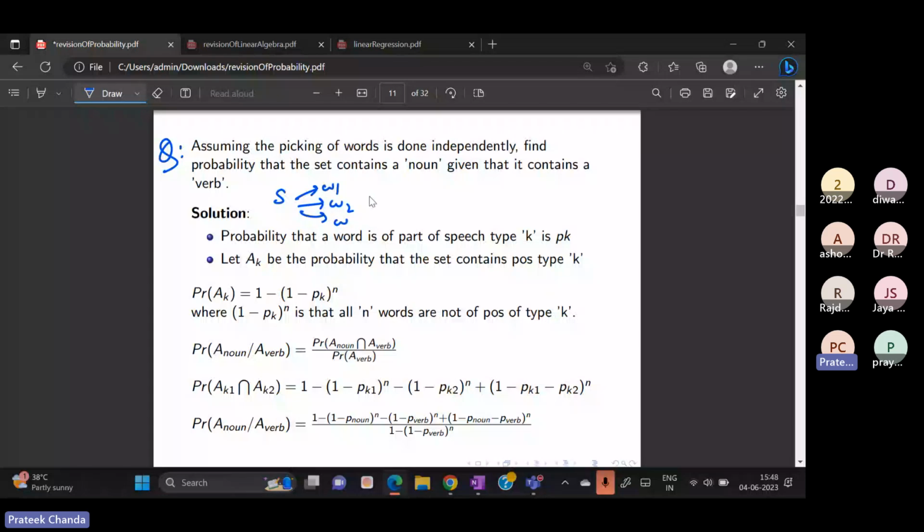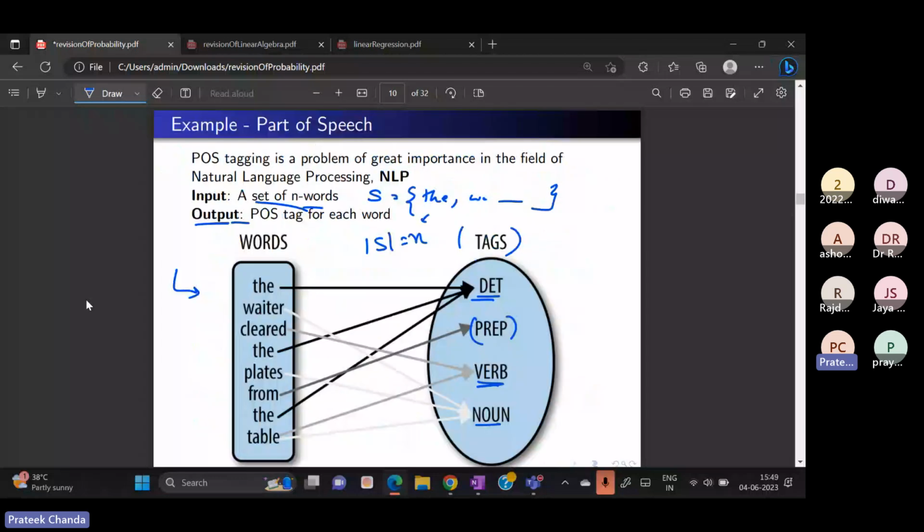So we want to find the probability for a new set. For example, I select from S a subset, let's say S hat, which would contain some words. If I go back to the example, let's say I only pick "waiter", "cleared", "the" and "plates".